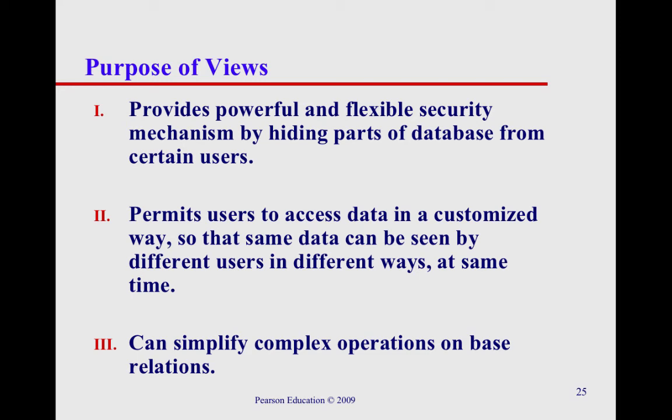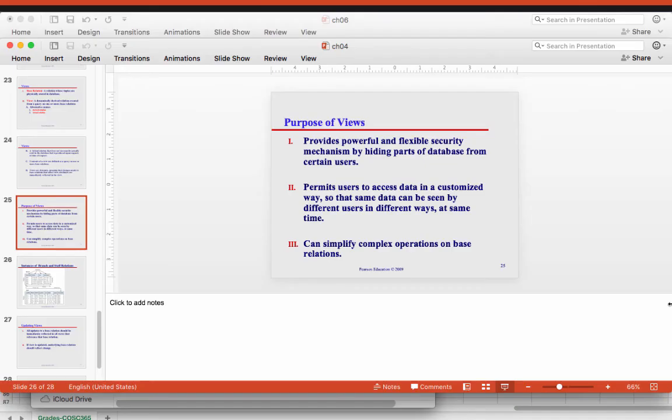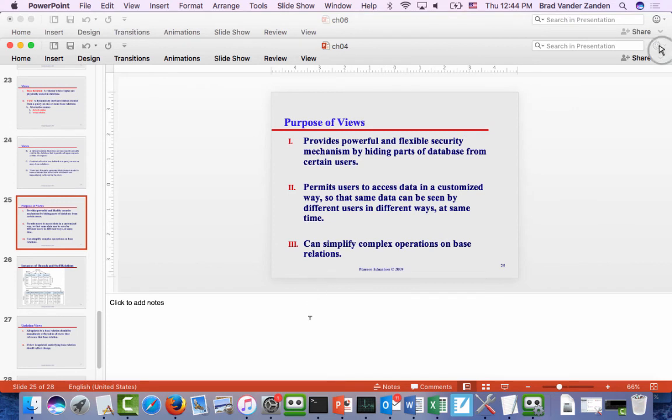So we're going to make a distinction between a base relation versus a view. A base relation is an actual physical file somewhere on the file system.